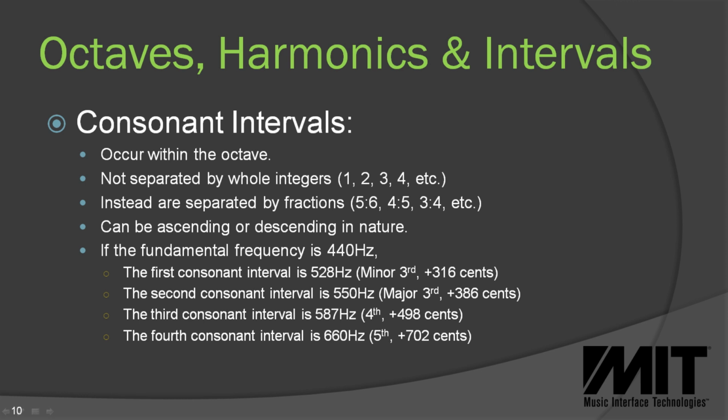So an interval occurs within an octave, whereas a harmonic goes outside the octave. An interval, a consonant interval, occurs within each octave. And unlike harmonics, they're not separated by whole integers. They're actually separated by fractions, which is why we can get these intervals inside the octave.